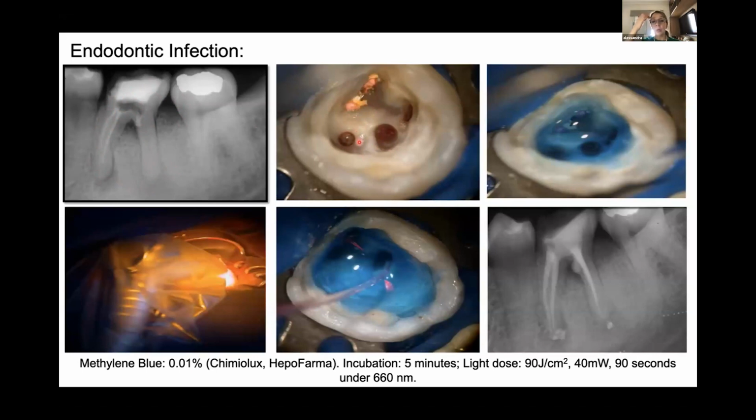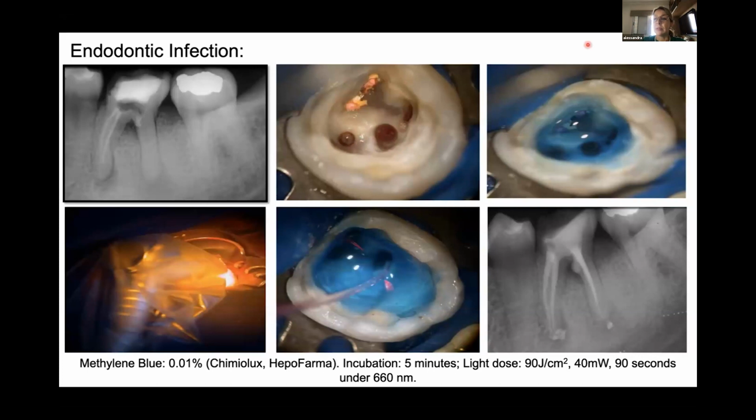It's important to emphasize that just with APDT, we are not able to have a very good result. Of course, APDT is a complementary and adjunctive treatment. So before that, we needed to mechanically remove the infection, the dental caries, and after that, we can go through APDT.